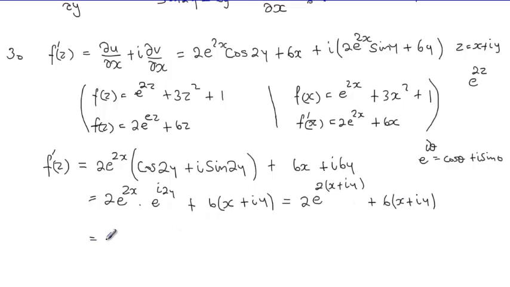Then this simplifies to 2e^(2z) plus 6z, which is actually the derivative which was suggested by considering that this being analytic would satisfy the same rules as the function of real variables.